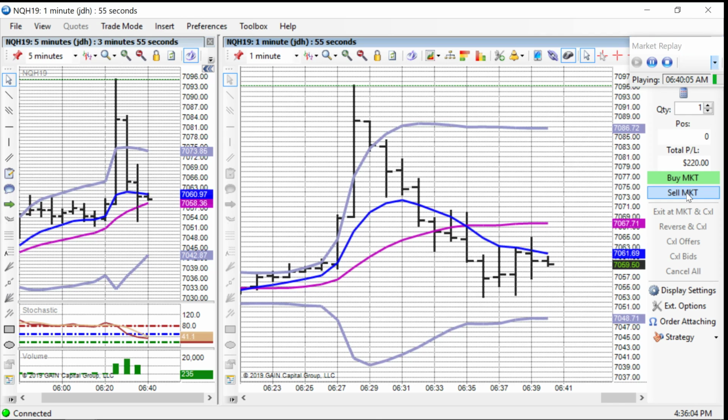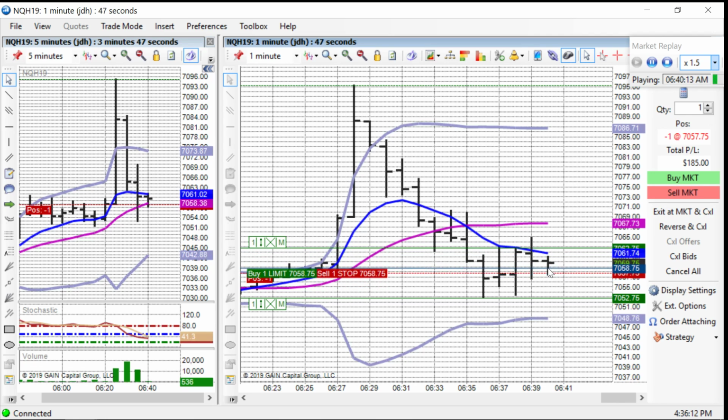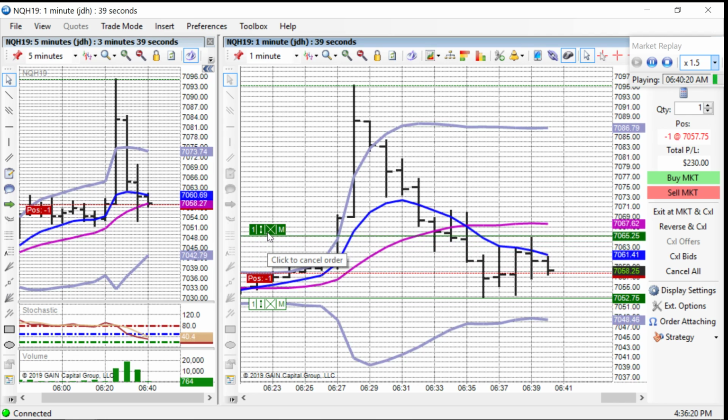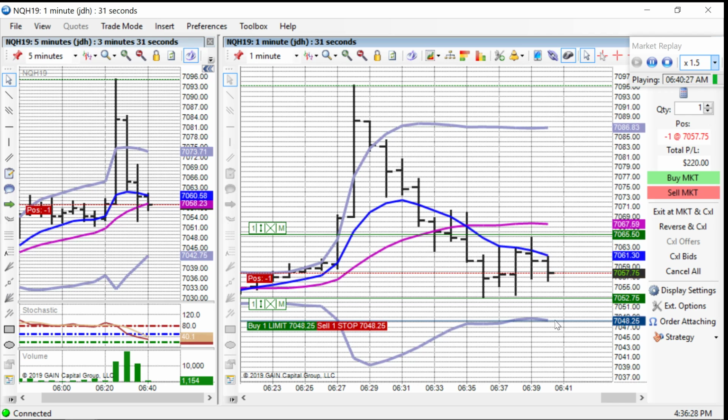Okay, that's my signal right there. See how this market replay sometimes gives you not a good entry. And just in case, sometimes I can make that decision. If I've got a little money built up, I'll move my stop further away just to give it a little bit of room here.